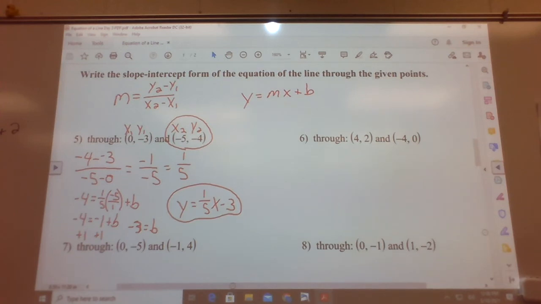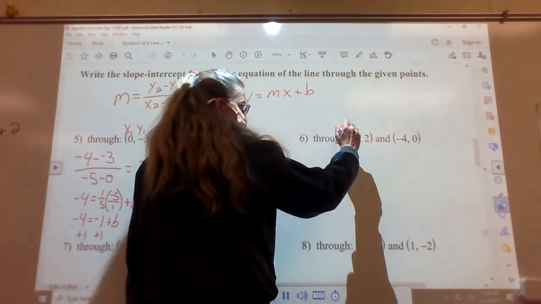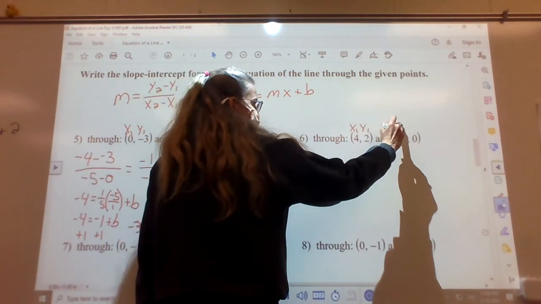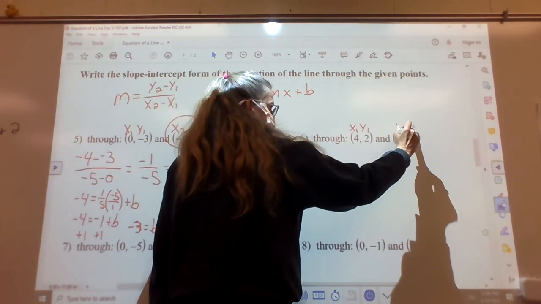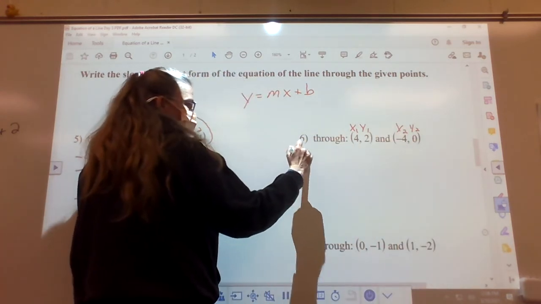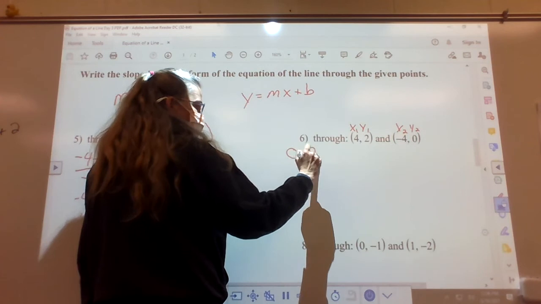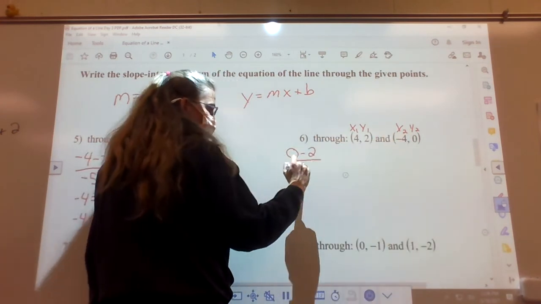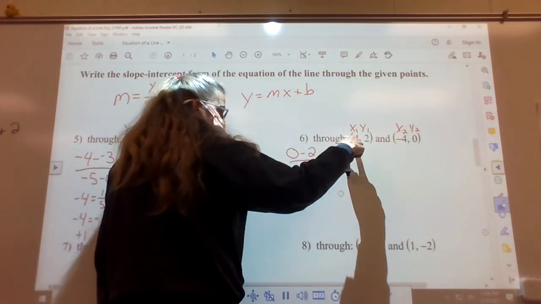So let's look at number 6. Again, if you need to label these, take the time to label them. X1, Y1, X2, Y2. So Y2 minus Y1 over X2 minus X1.